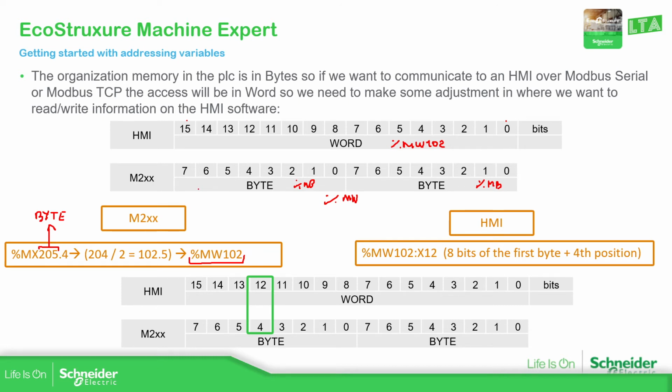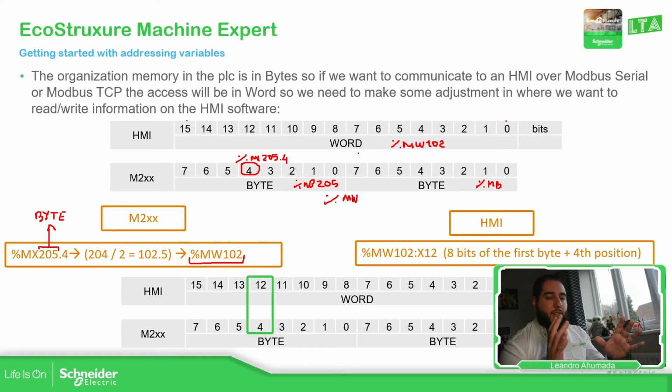On the PLC, it's going to be this one, 205, and the bit 4. This one is going to be percentage MX 205.4. Sorry for the drawing.